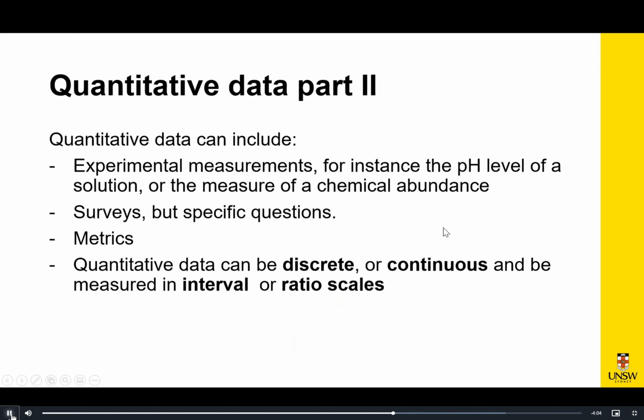So, quantitative data part 2. Quantitative data often includes experimental measurements, for example, the pH level of a solution or the measure of chemical abundance. If you run something that can calculate, for example, the amount of iron in a particular compound. It can include things like survey questions, but this would be something like, on a scale from 1 to 5, with 5 being most likely and 1 being not likely at all, how likely are you to use public transport?